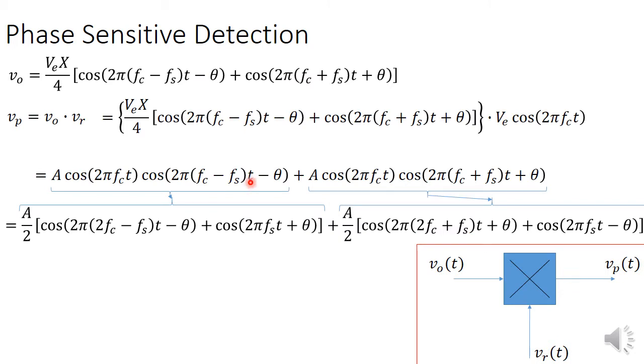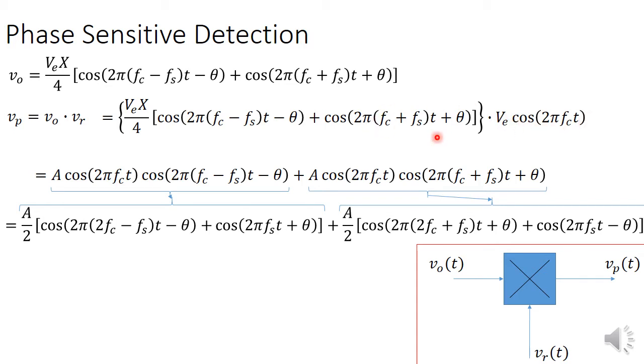So if you write the equations, take a look at this V output. This is the same as before, from the previous slides. You multiply this V output with a reference signal, given here by Ve cos 2 pi Fc t, which is basically the carrier signal, the input to your AC bridge. Now, if you multiply both these, what do you get?